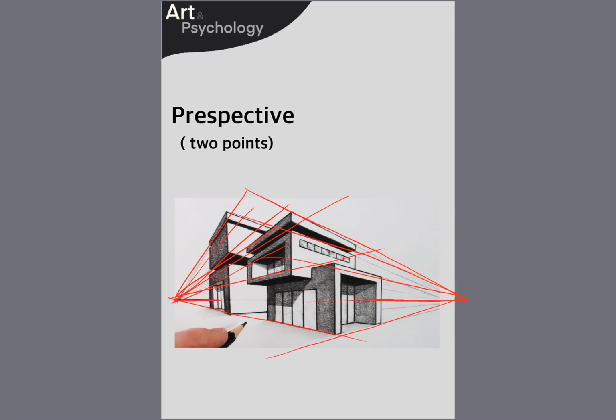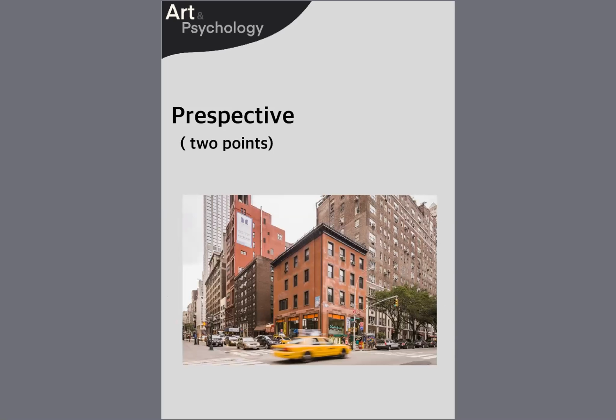That's in short about the two-point perspective. Same thing here. If you look at it, we have two points here somehow. This is our line. Something like this. It's not really accurate, but you got the idea.